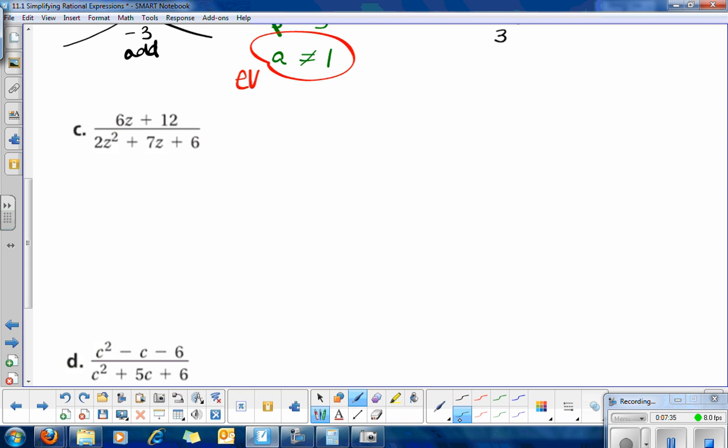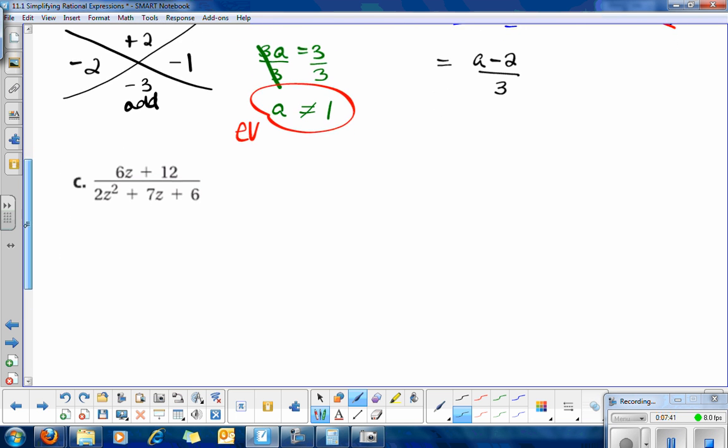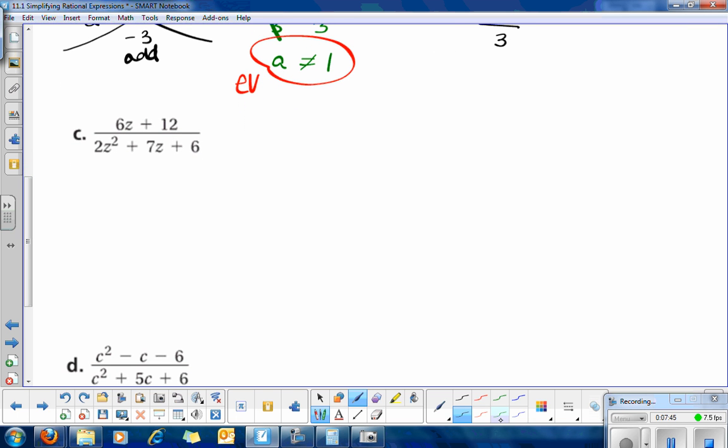So let's figure out what our factored form would be. First thing we want to do is our AC method. So A times C, that's 2 times 6, that's 12. So we want to find the factors of 12. Oh, no, we're not using the X method. We're using the AC method.